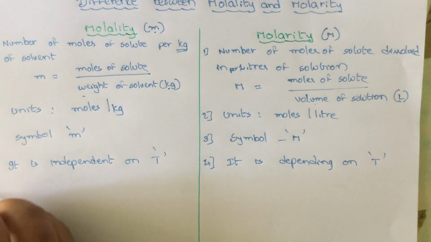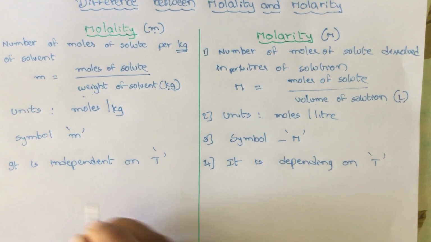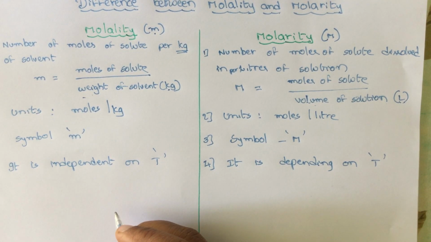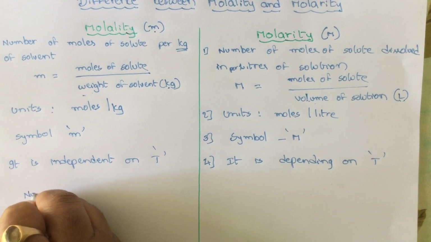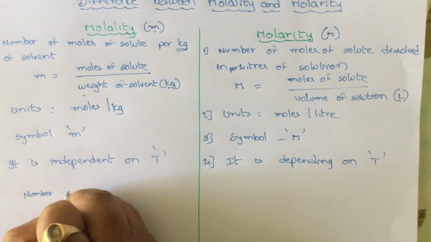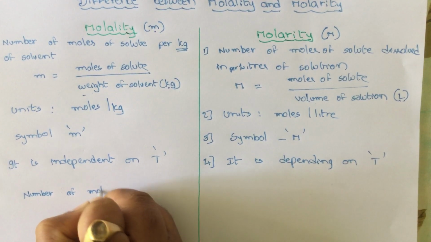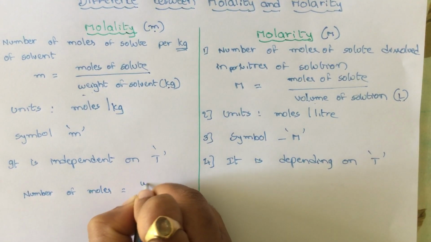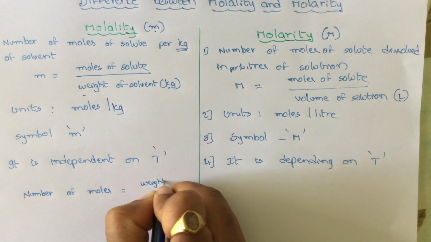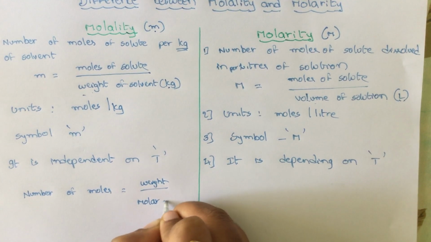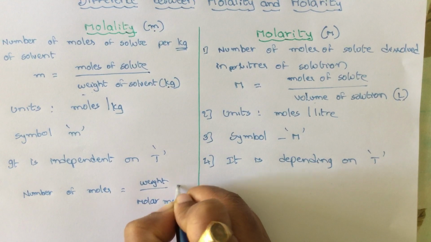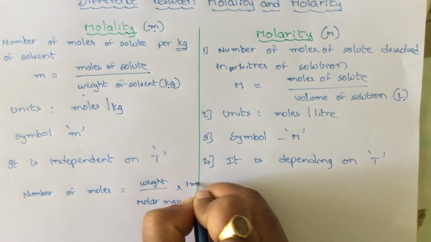So next one more formula also we can use for molality and molarity. Number of moles is equal to weight by molar mass, multiplied by 1 mole per mole.